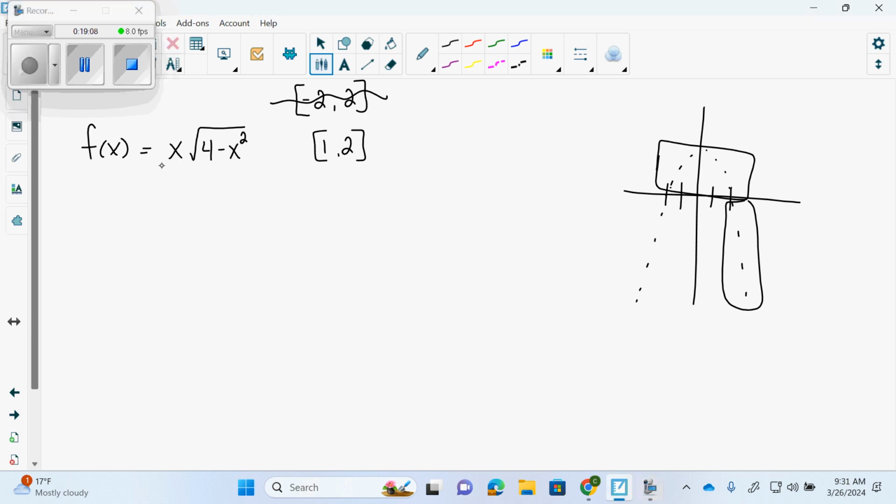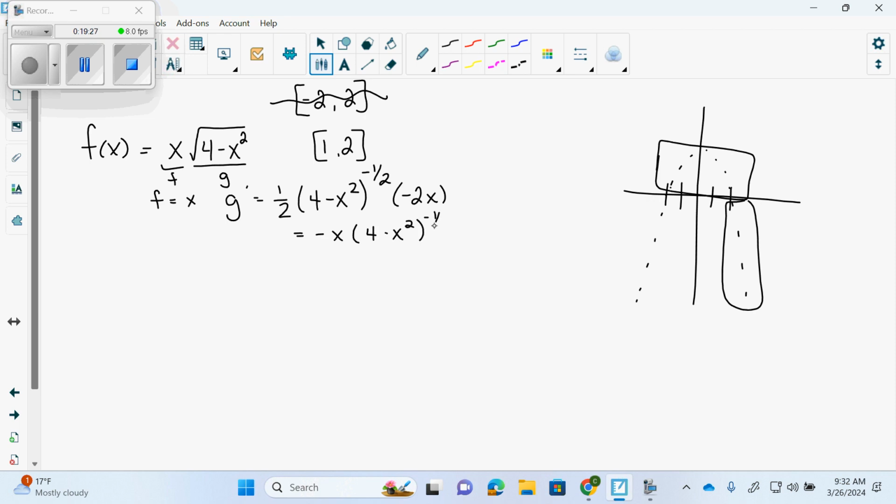So we have f equals x, g prime equals 1/2 times (4 minus x squared) to the negative 1/2 times negative 2x, which gets me negative x times (4 minus x squared) to the negative 1/2.